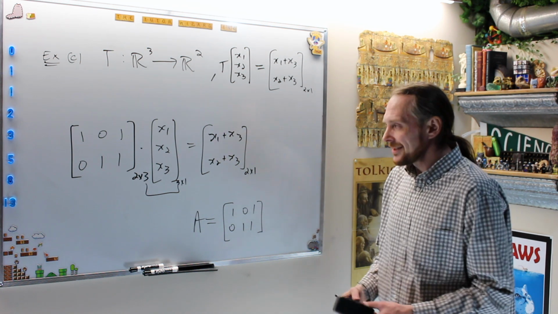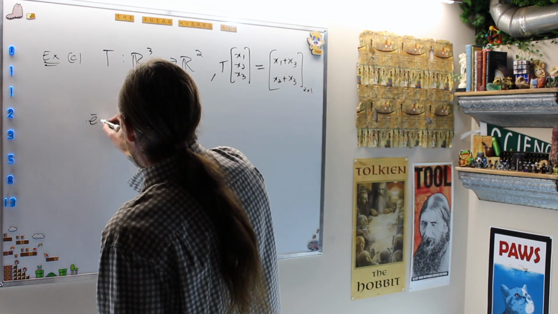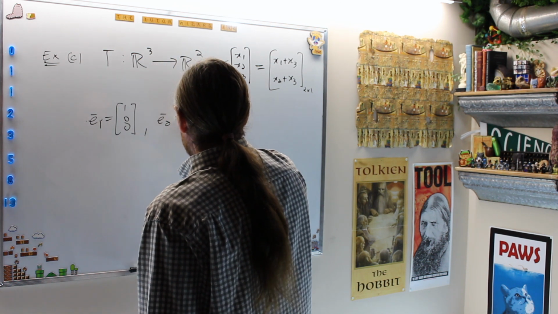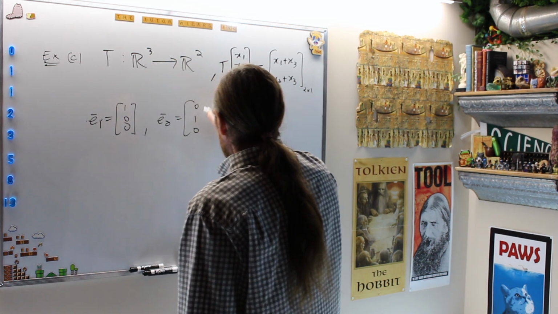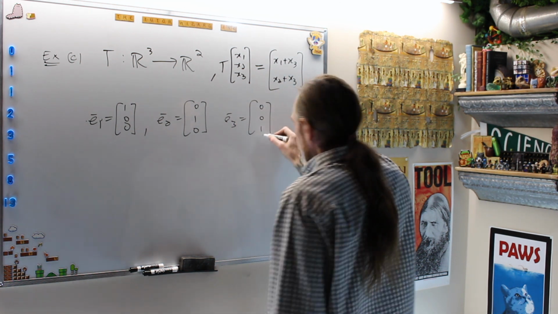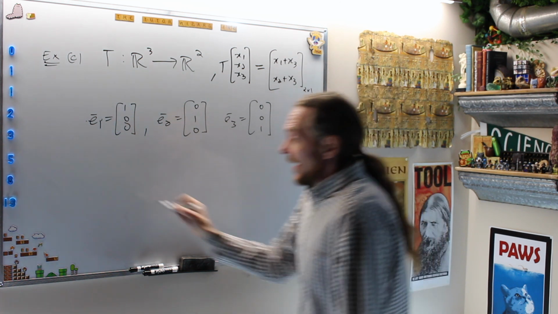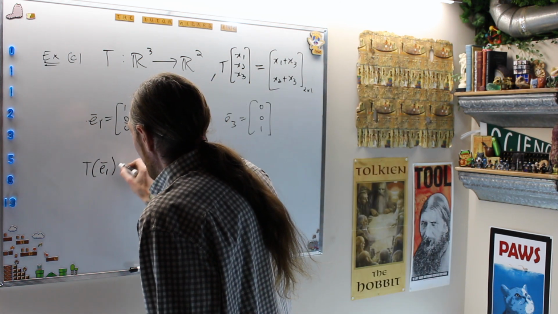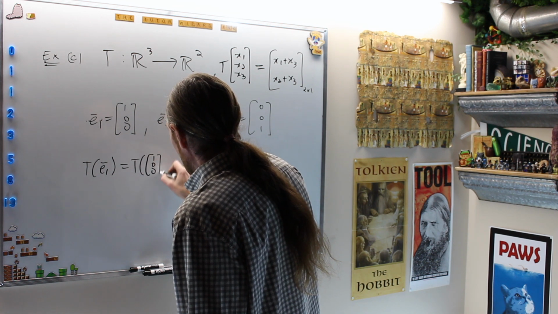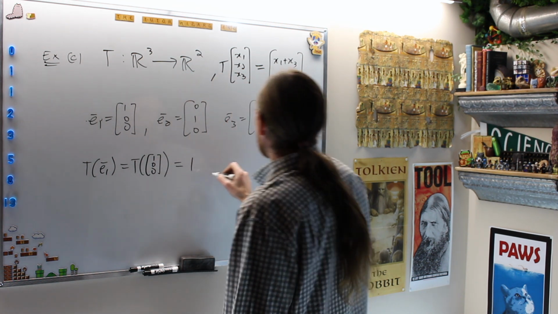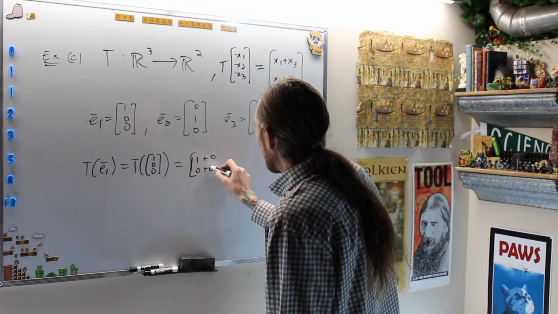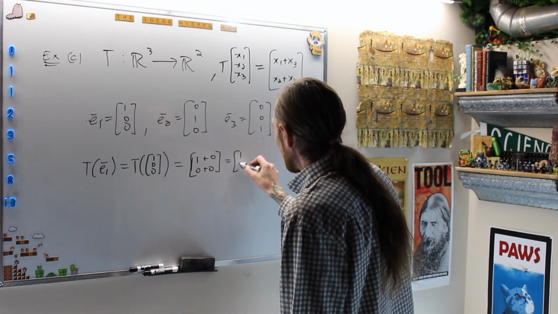The theorem is going to say this. In R3, E1 is 1, 0, 0. E2 is 0, 1, 0. And E3 is 0, 0, 1. In R3, and T of E1 is equal to T of 1, 0, 0, which is equal to, what do I get? 1 plus 0, 0 plus 0, which equals 1, 0.